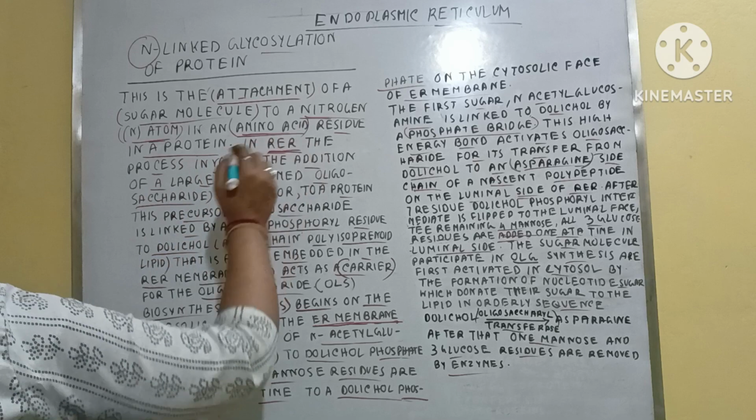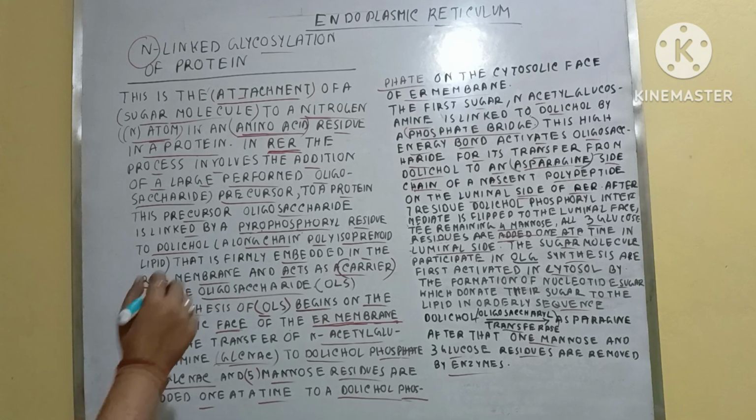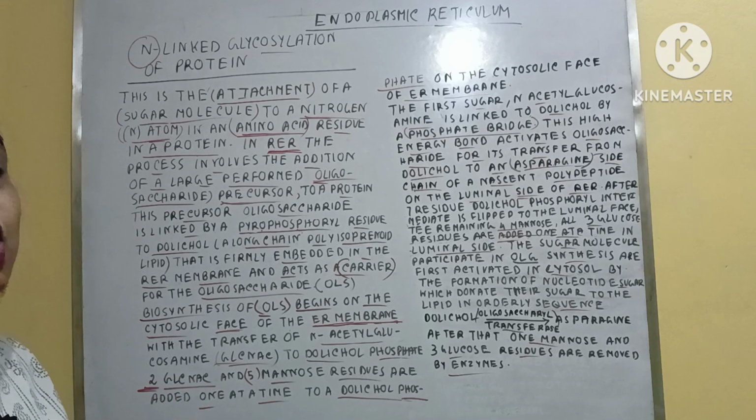In the RER, the process involves some substances. One is the oligosaccharide precursors. Precursors means not mature oligosaccharide, because after biosynthesis of the oligosaccharides, the mature oligosaccharides are formed.